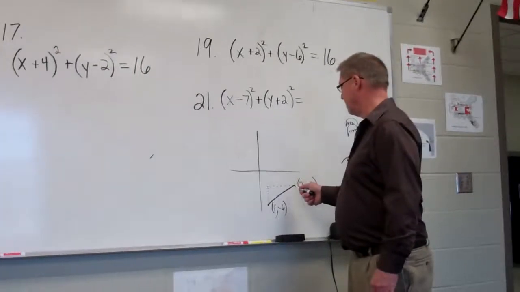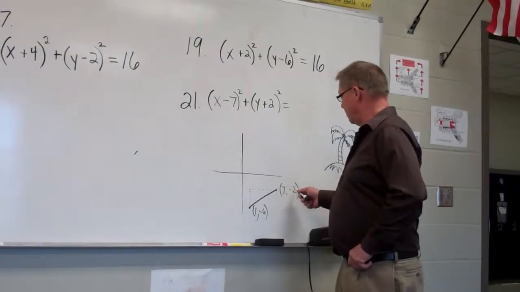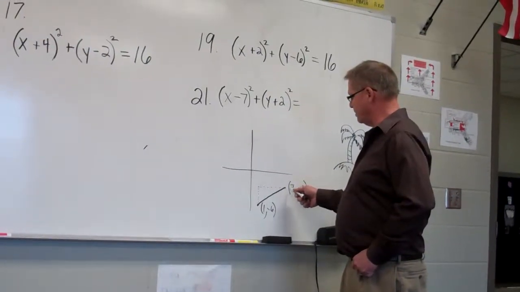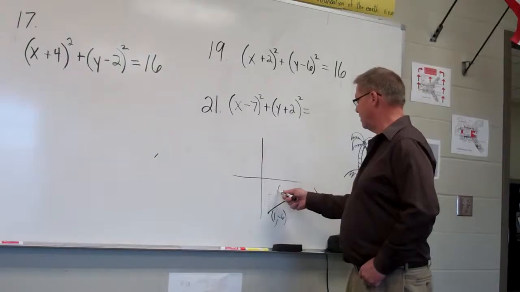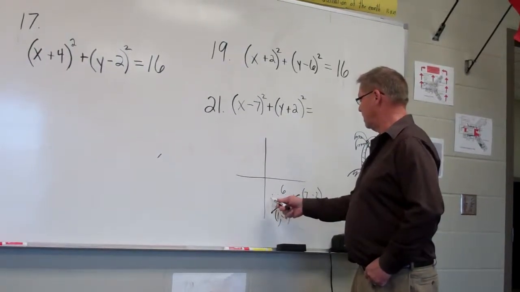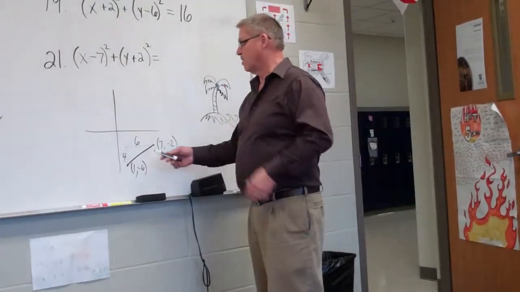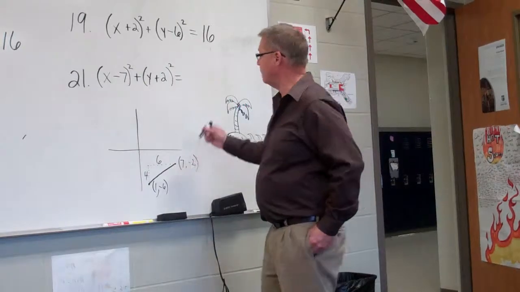Or you can do it like that. So he's saying you would just find the difference between the 2 y's and square it, the difference between the 2 x's and square it, and he would end up with a 6 and a 4, I think, that he would have to square. Wouldn't that be a 36 and a 16 then? And then you'd be doing the square root of that?